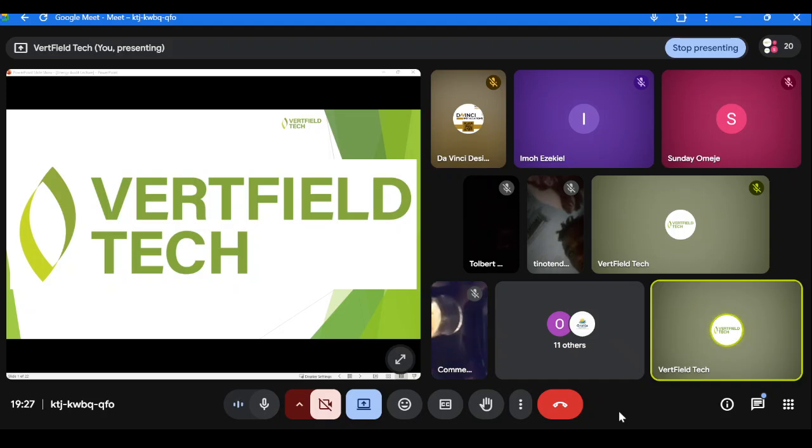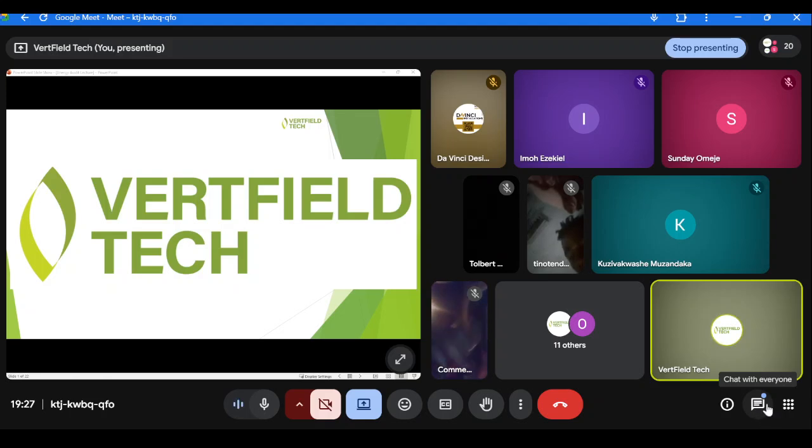But if you are not, you can use the chat box to send in your messages, just like someone did a few seconds ago. But before you send in your messages, or before you speak to us, tell us your name and your location, please. That is very important to us. We want to know where you're connecting from. I hope that is very clear.